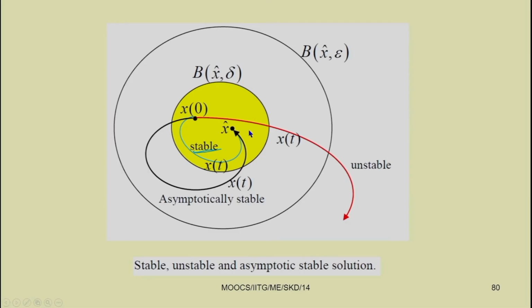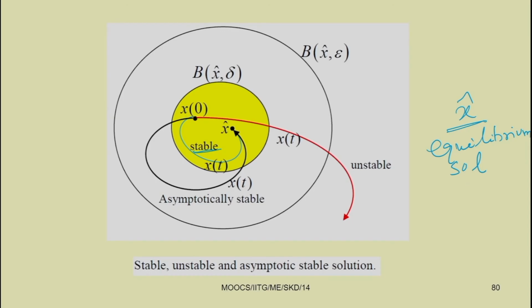If we perturb the system, let x cap be the equilibrium solution, or the fixed point solution, or the stationary solution. So, the solution is stable.